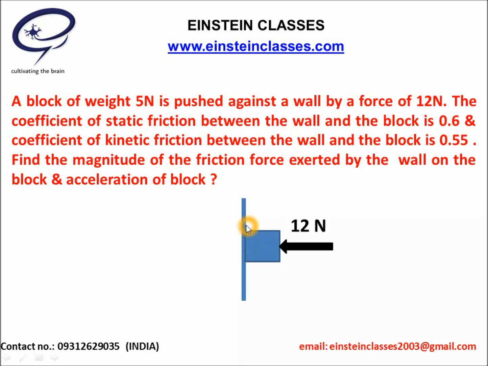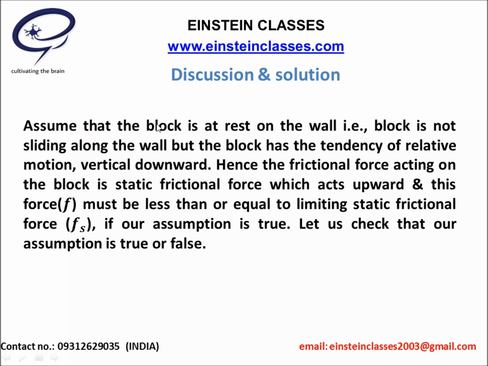The frictional force acting by this wall on the block will be the static frictional force, and this static frictional force will act vertically upward. If our assumption is true, then this static friction force must be less than or equal to the limiting static friction force. First of all, assume that the block is at rest on the wall, i.e. the block is not sliding along the wall, right?